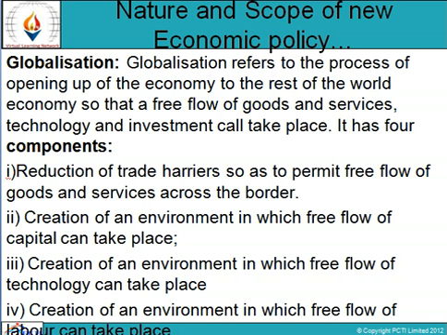It has 4 components. Number 1, reduction of trade barriers so as to permit free flow of goods and services across the border. Number 2, creation of an environment in which free flow of capital can take place.